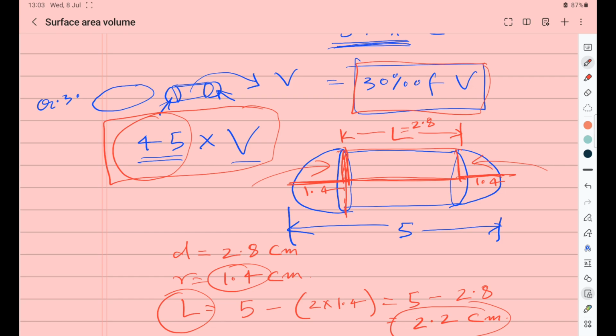That is the basic way of solving such questions. And not only this, many other kinds of mathematical questions should be thought about in this manner.